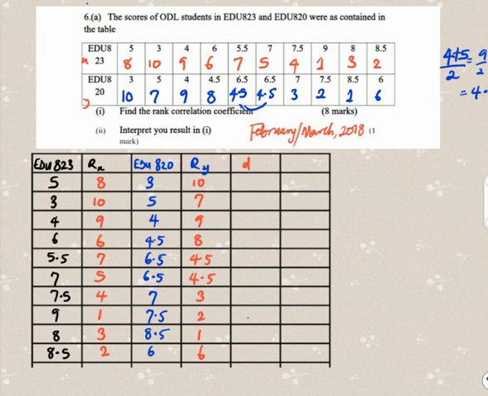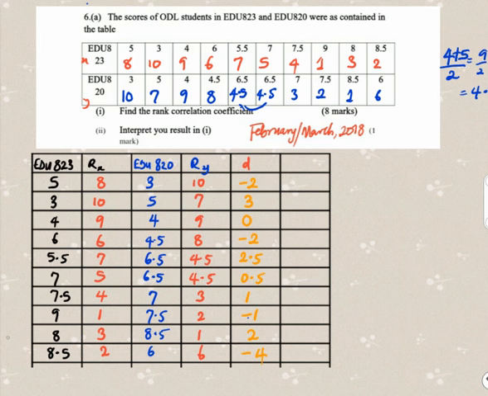So we're going to have 8 minus 10, which is minus 2. 10 minus 7, 3. 9 minus 9, 0. 6 minus 8, minus 2. 7 minus 4.5, we have 2.5. 5 minus 4.5 is going to be 0.5. 4 minus 3, 1. 1 minus 2, minus 1. 3 minus 1, 2. 2 minus 6, we're going to have minus 4.